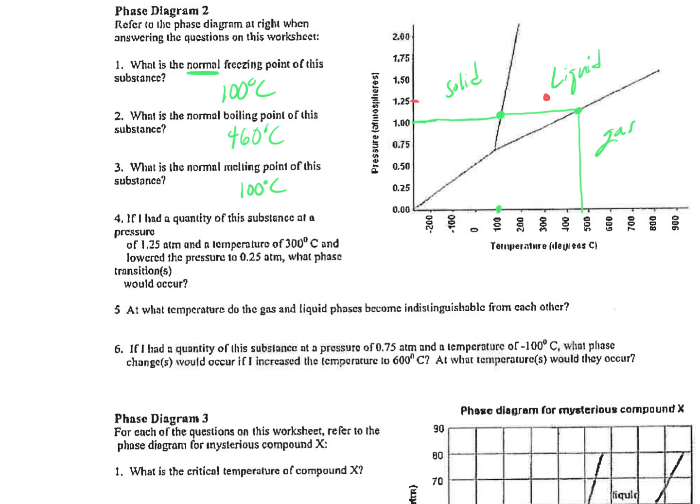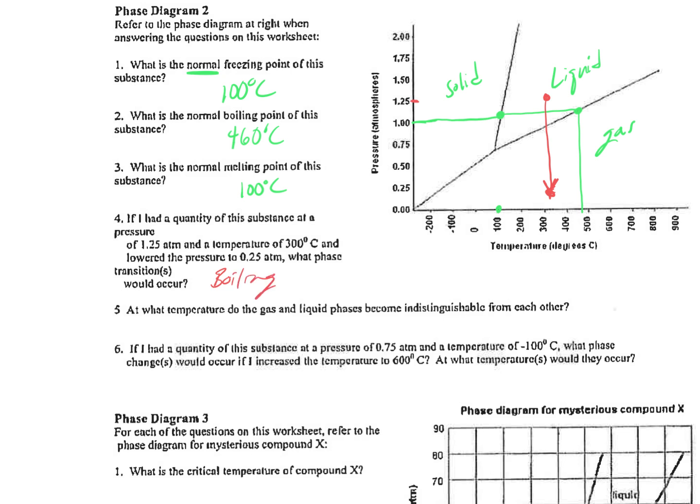And we lower the pressure to 0.25 atmospheres. That's going to take us down to about there or so. What phase change will we see? We're going to go from liquid to gas, so that would be boiling.